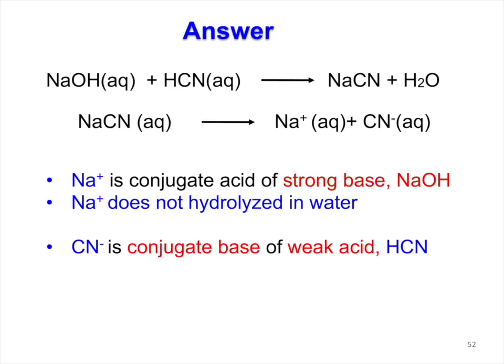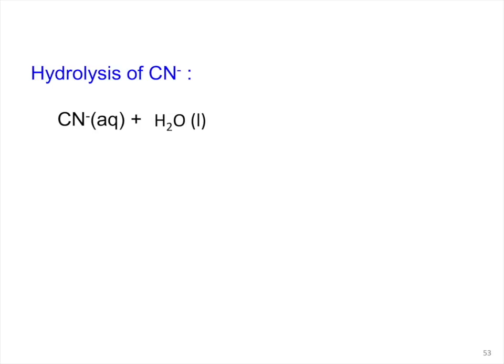CN- is a conjugate base of a weak acid. That means CN- is a strong conjugate base. So this strong conjugate base will hydrolyze in water. So the equation of the hydrolysis of CN- is CN- + H2O.